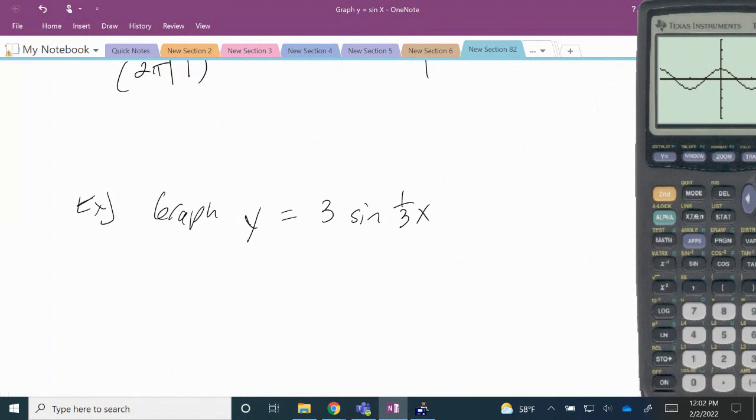We're going to do a hand sketch. We'll also check it with the calculator, but we're going to do a hand sketch. So I'm going to give you 5 minutes or so to try to graph, and then we're going to return with the solution.